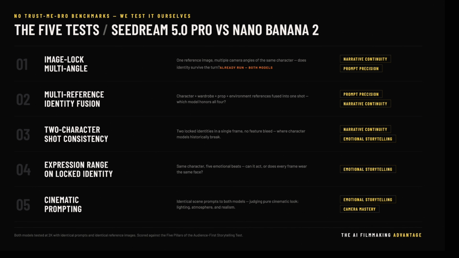We're going to be looking at a multi-reference example since these models do take multiple inputs, and we'll do something like taking a character input, a wardrobe input, a prop, and an environment, fusing it all together and seeing which model holds it all together the best. We'll be looking at a cinematic scene for a 2-character shot. I'm also interested in the expression range on one consistent character: happy face, sad face, angry face, depressed. How does Seedream 5.0 Pro hold up against the others?